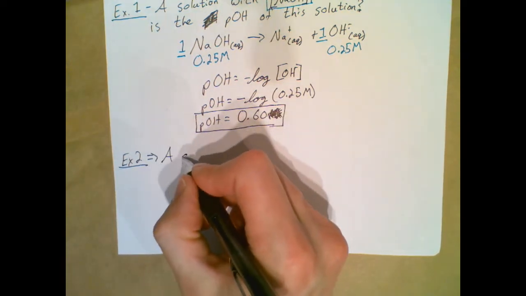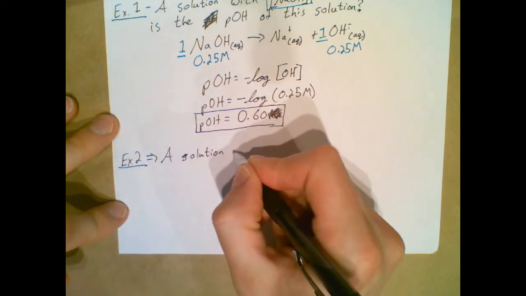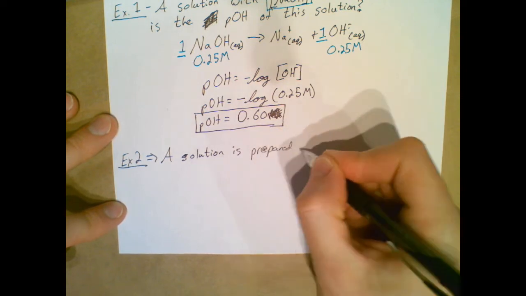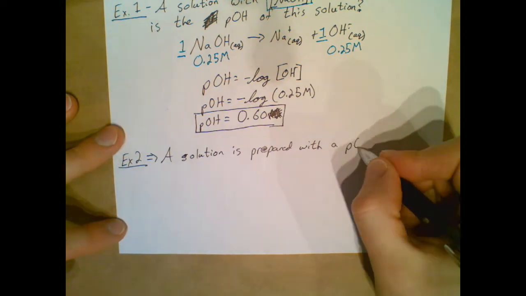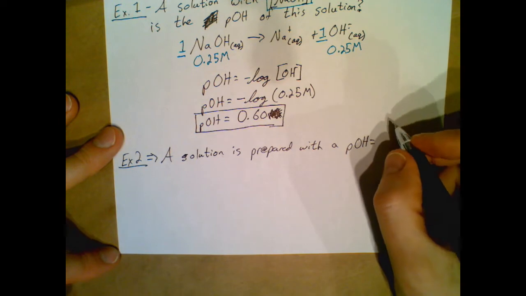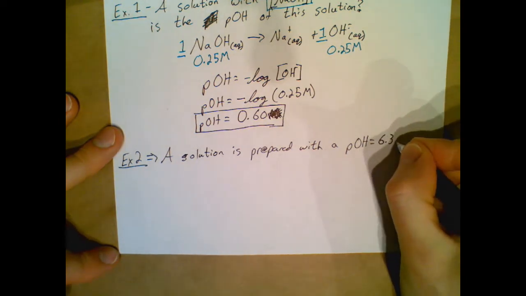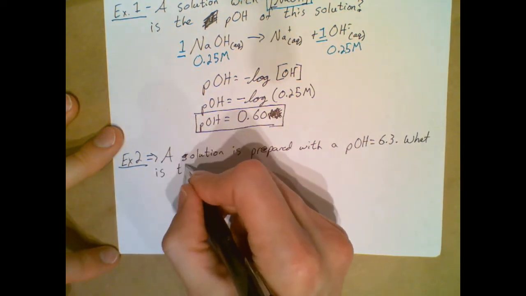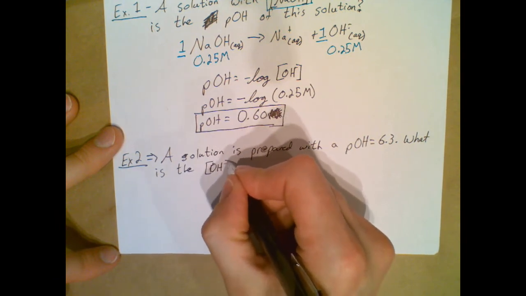So, a solution is prepared with a pOH equal to 6.3. What is the concentration of OH minus?